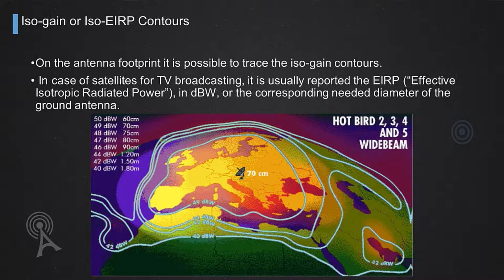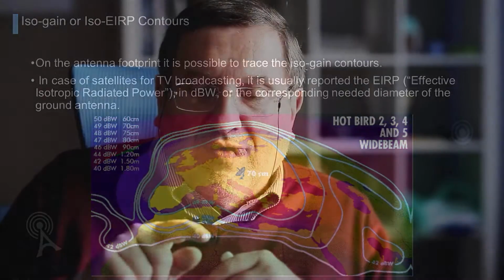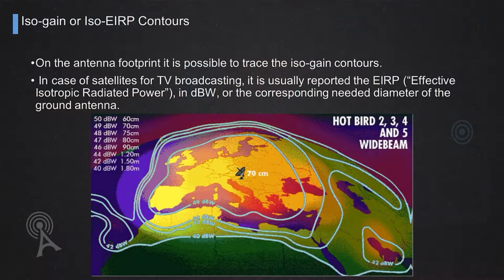So this is the footprint of a specific family of satellites from geostationary orbit, but in general we can define, given the antenna footprint, the so-called isogain contour lines. What are they? They are the locus of the places over the Earth where the gain of the antenna is the same. So the isogain contours define areas where the satellite antenna is illuminating the Earth with the same directivity or gain.